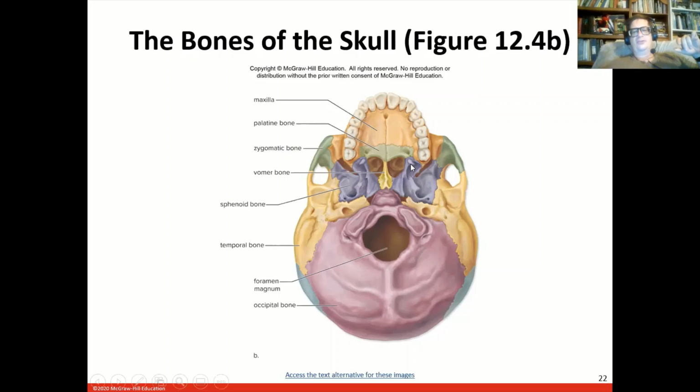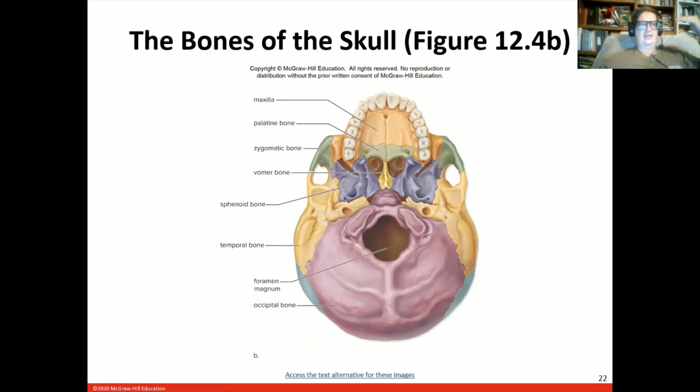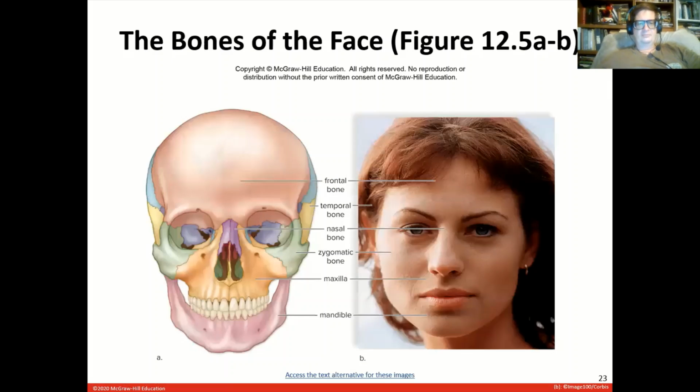That's because you have flesh there, but no bone, and that's the soft palate. So hard palate is these bones, then you have the holes, and the holes, because of the tissue, are considered to be the soft palate. They still divide the nasal cavities from the oral cavities. All right, let's move on.